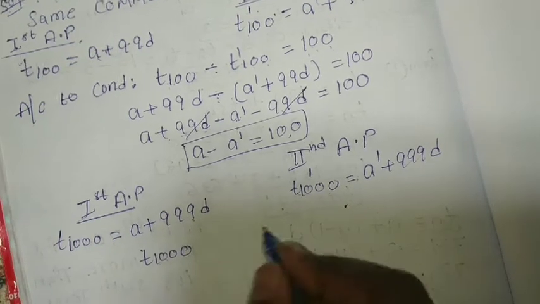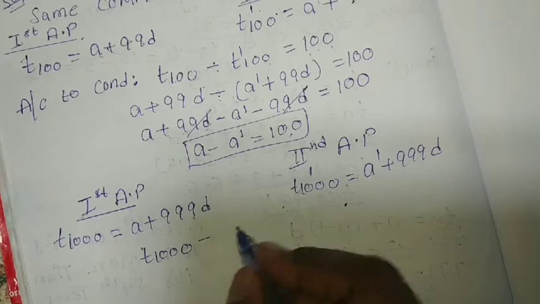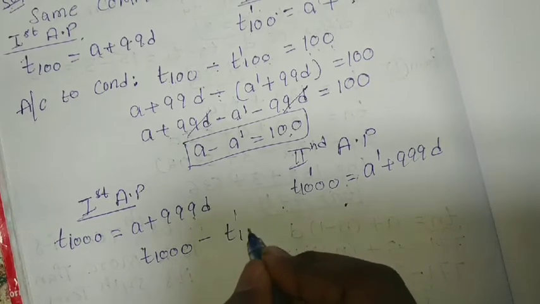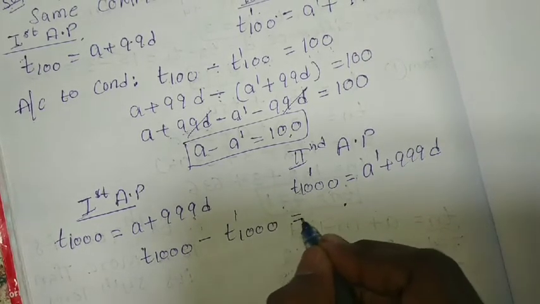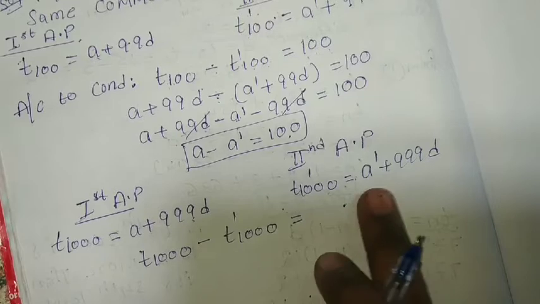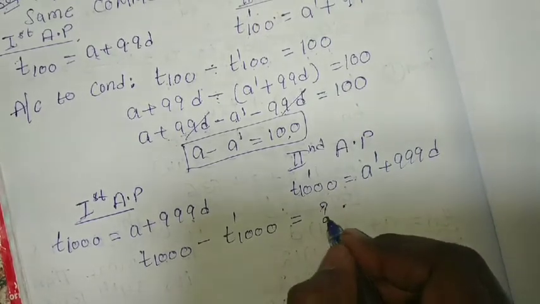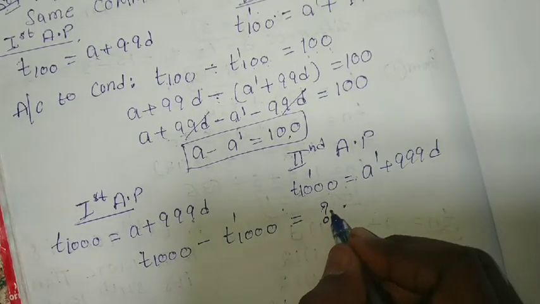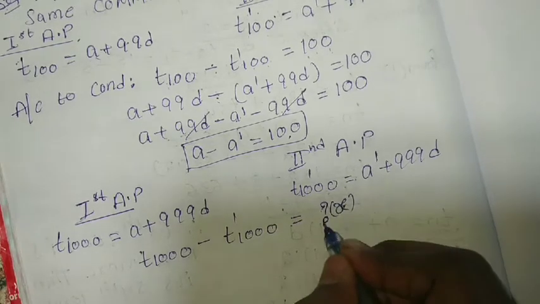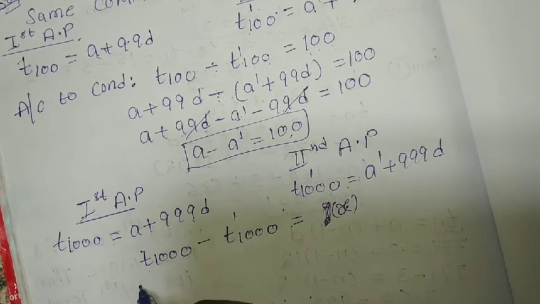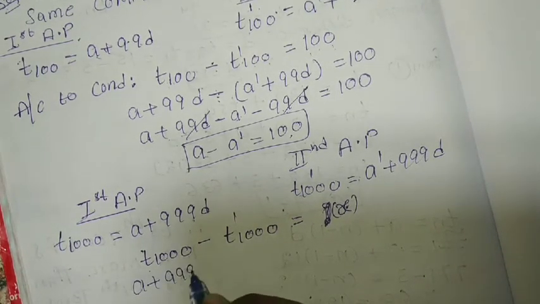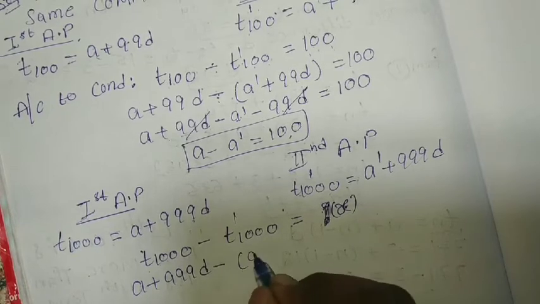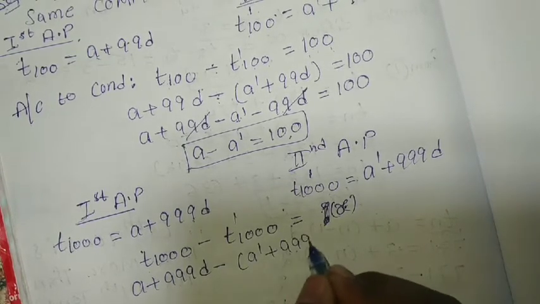The difference between those two arithmetic progressions, T1000 minus T dash 1000, we don't know, we need to find this. Let's say it will be X. T1000 is A plus 999D minus A dash plus 999D.